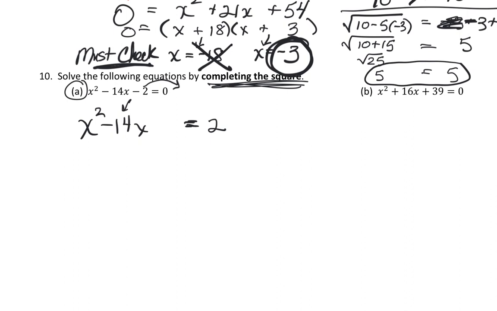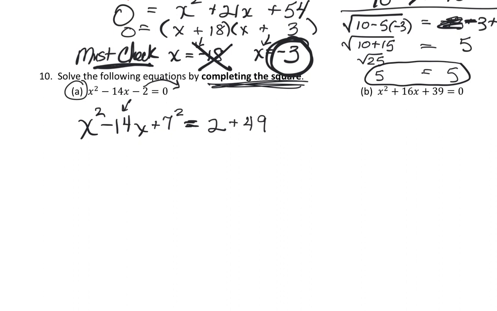You half it. Just divide by 2, you get 7. And then you square it. So you've got to half it and square it. So we're basically adding 49 to the left, so we have to add 49 to the right. Okay? We've created a perfect square on the left side.